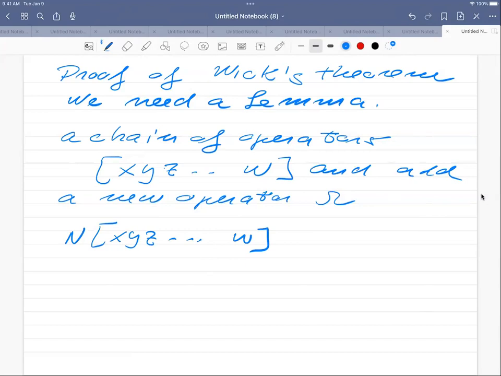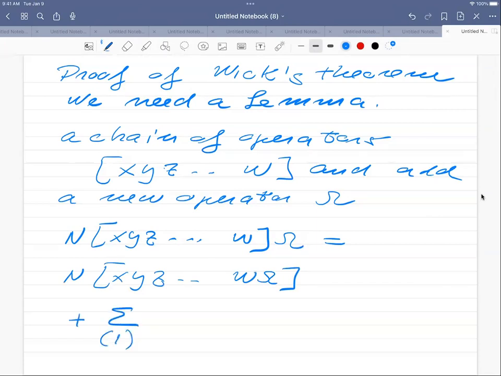If you take these 4 operators and add a 5th operator, which could be a creation or an annihilation operator, this lemma says that we have n of x, which can be written as the normal order product of this quantity here, which automagically is 0, plus the sum over all 1 contractions which involve the operator omega only.